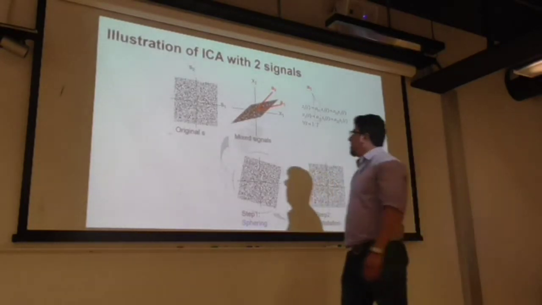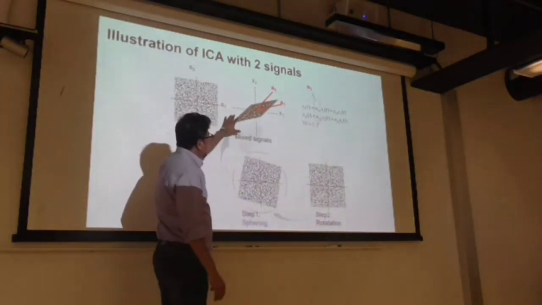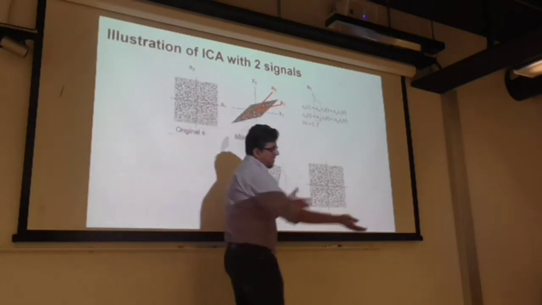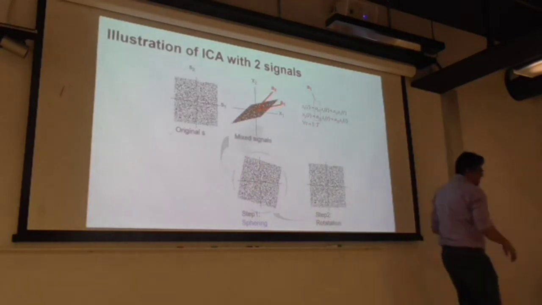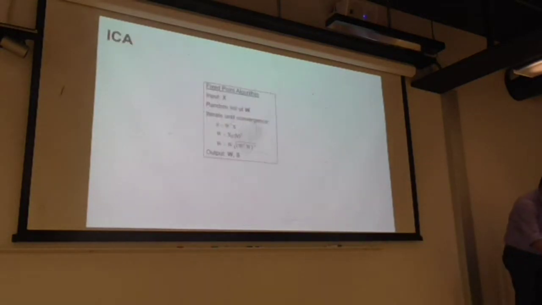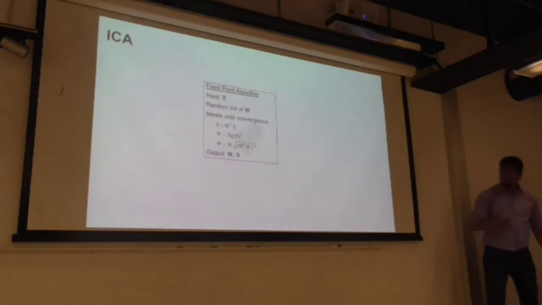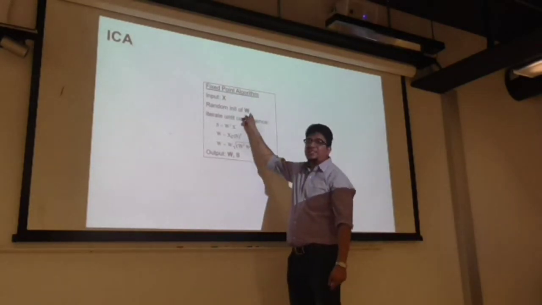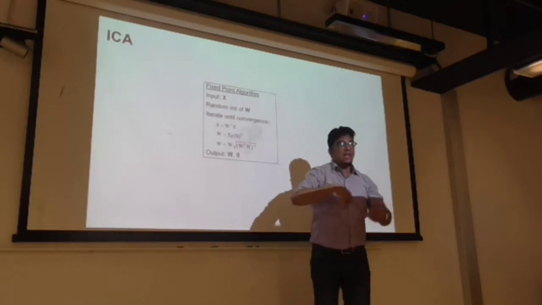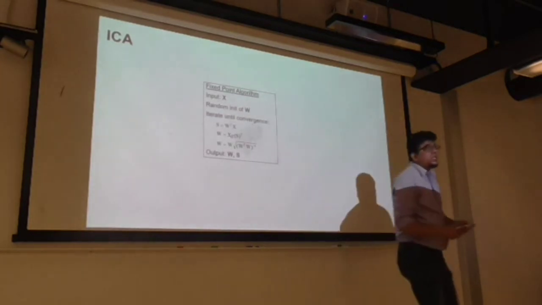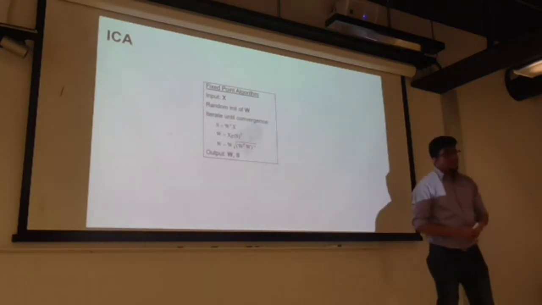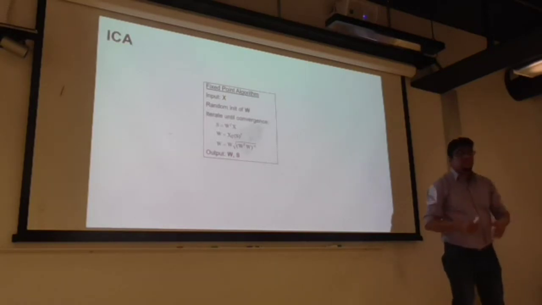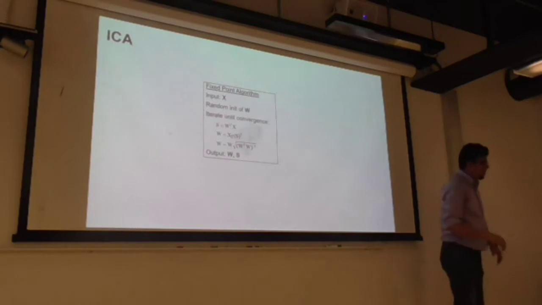So you have mixed signals. Okay? Try to find out a linear combination of this space and then rotate that so that we can find some original source. And there is a fixed point algorithm. As I said, try random weights and then try to mix it and update it and find out the non-Gaussianity, as non-Gaussianity is considered as independent signals from each other when we can apply.